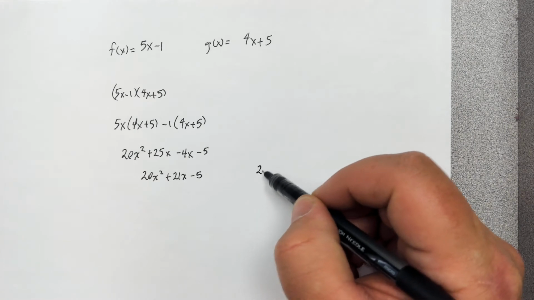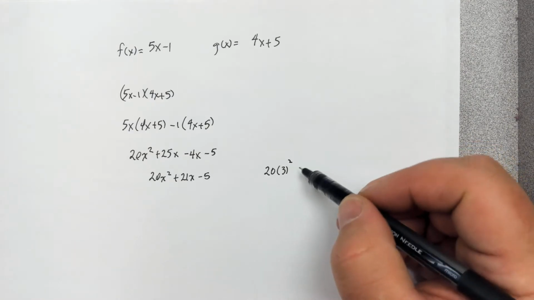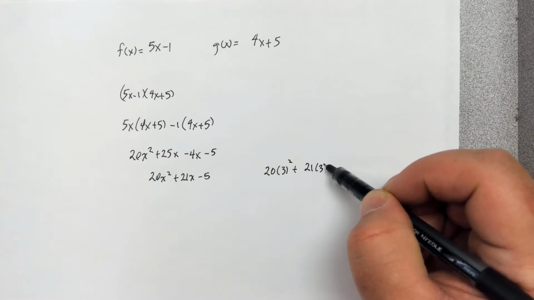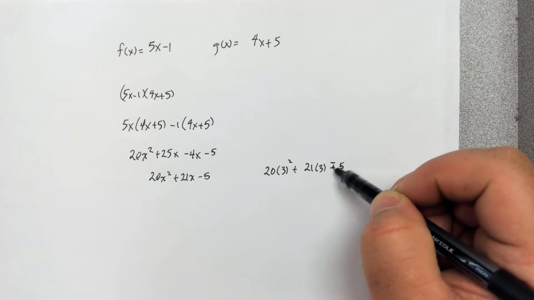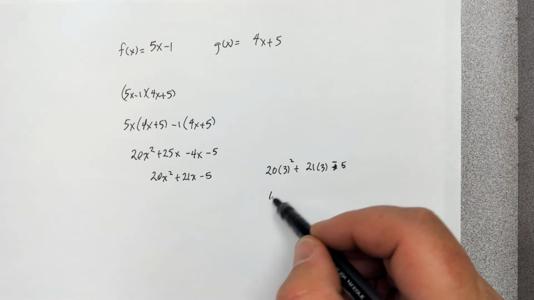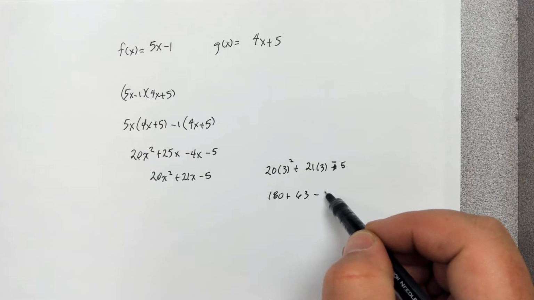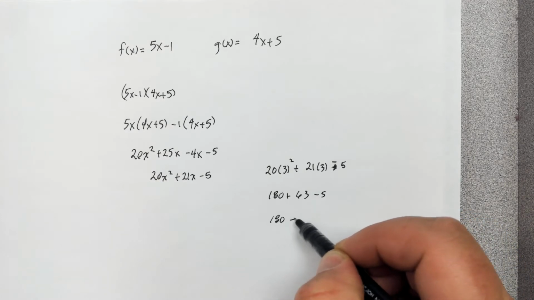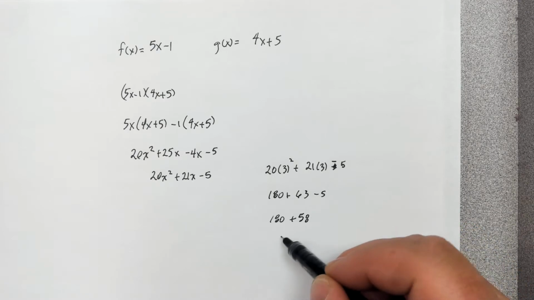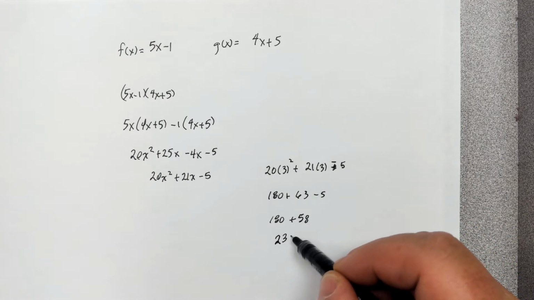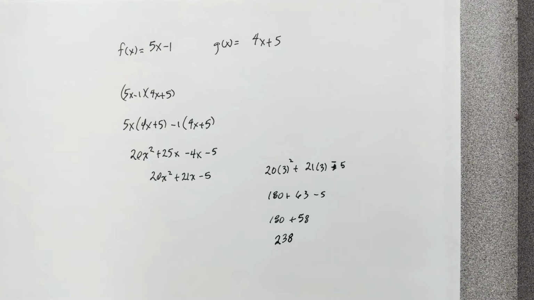Plug in a 3, right? Ooh, that's an ugly number. Is that what you got, Celine? Yeah, 5. No. Yes, but no.